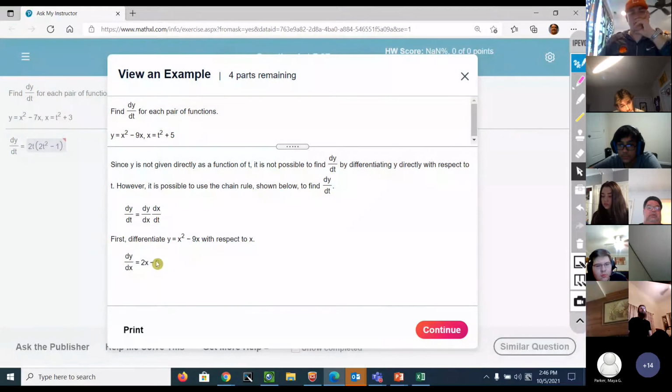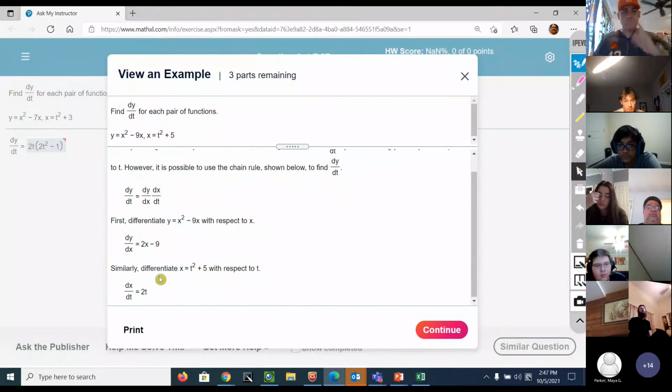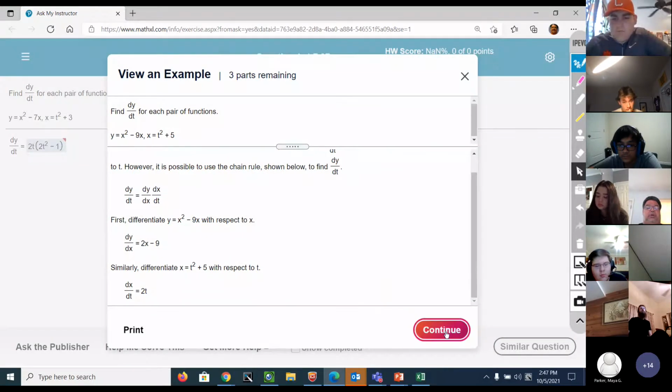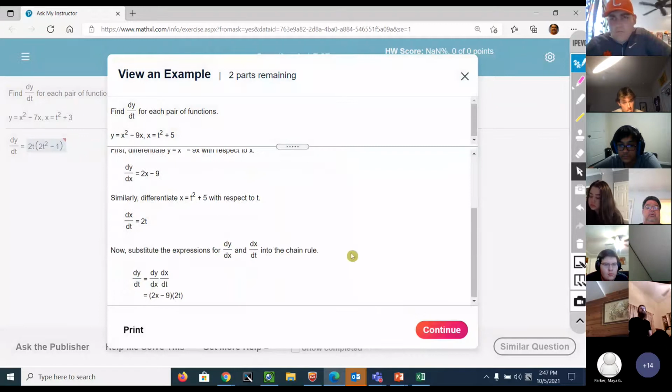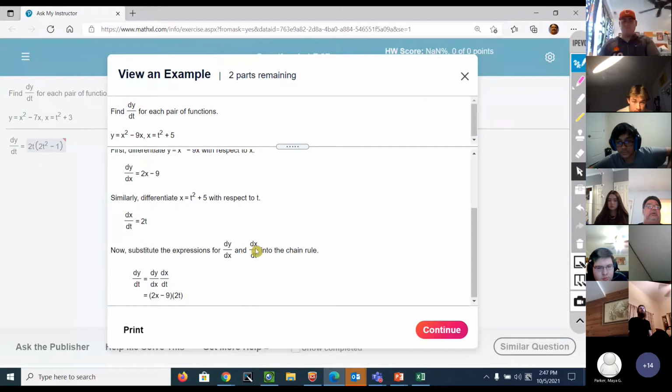I did differentiate that. And I differentiated that. Where in the directions does it tell us to put them together? Now substitute the expression for dy dt into dx dt. Well, I don't know why you're doing that.